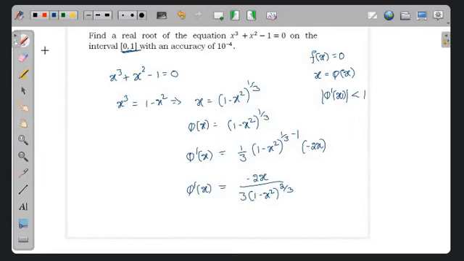So let me check. I cannot substitute 1 because I'm getting 0 in the denominator. So let me substitute x equal to 0. That is phi dash of 0. We are seeing the absolute value anyway. It becomes 0 because 0 is here. So no issue, we are getting 0 here.